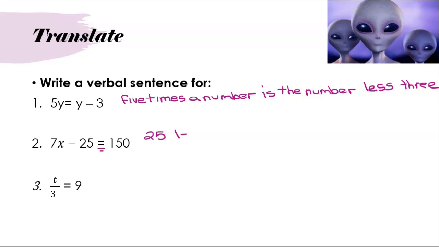Less, that's another word for subtraction, less than 7 times, that's right here, 7 times a number, we don't know what, it's a variable, is, that's our equal sign, 150.